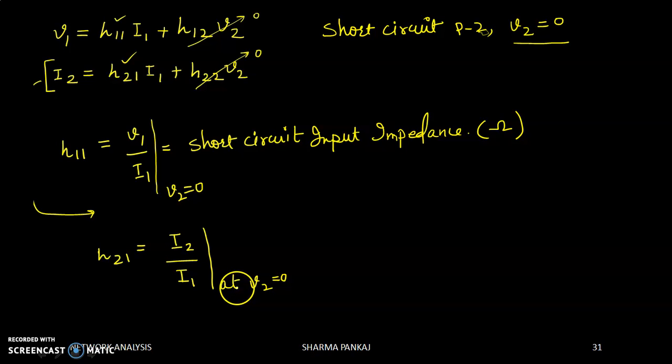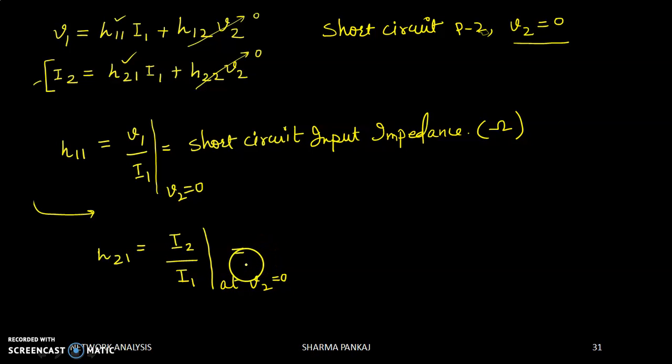This is important to remember. This is current upon current. It will be a unitless ratio, and it will be called short circuit current gain. Why short circuit? Because the port has been short circuited.